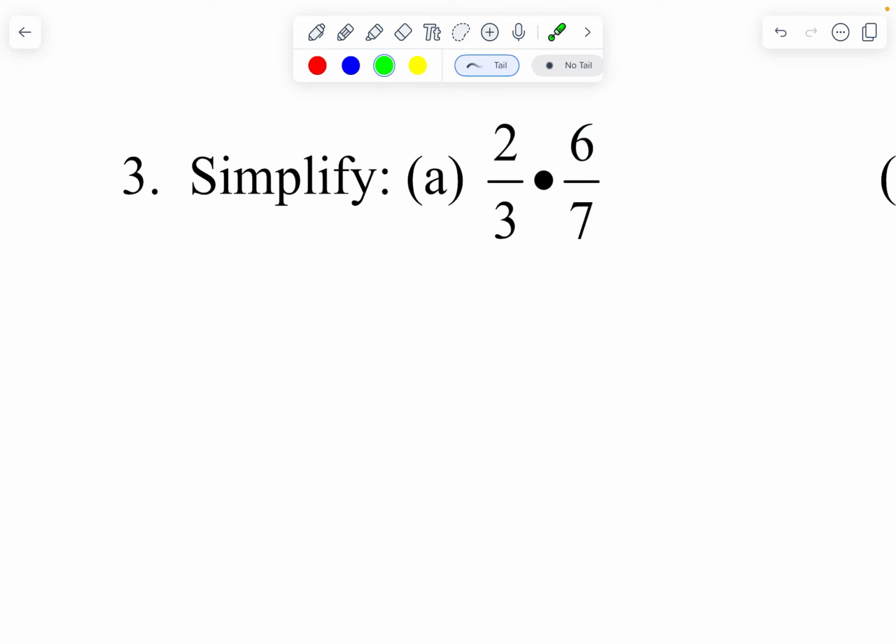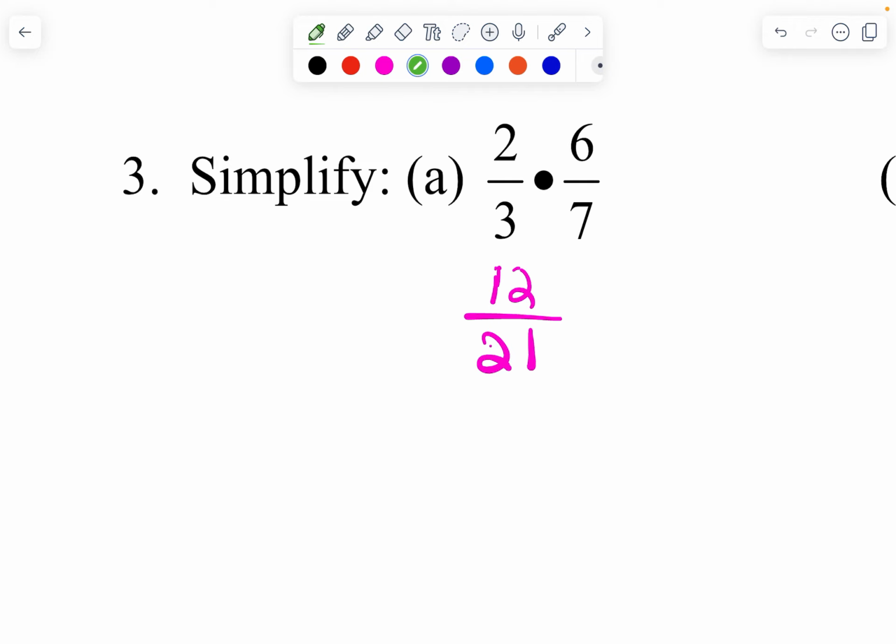For the first part here, for this particular problem, I'm going to go ahead and just multiply first. So that means I am simply going to multiply 2 times 6, I get 12. And I'm going to multiply 3 times 7, I get 21. That is, the multiplication is done. However, I do want to now reduce my fraction.